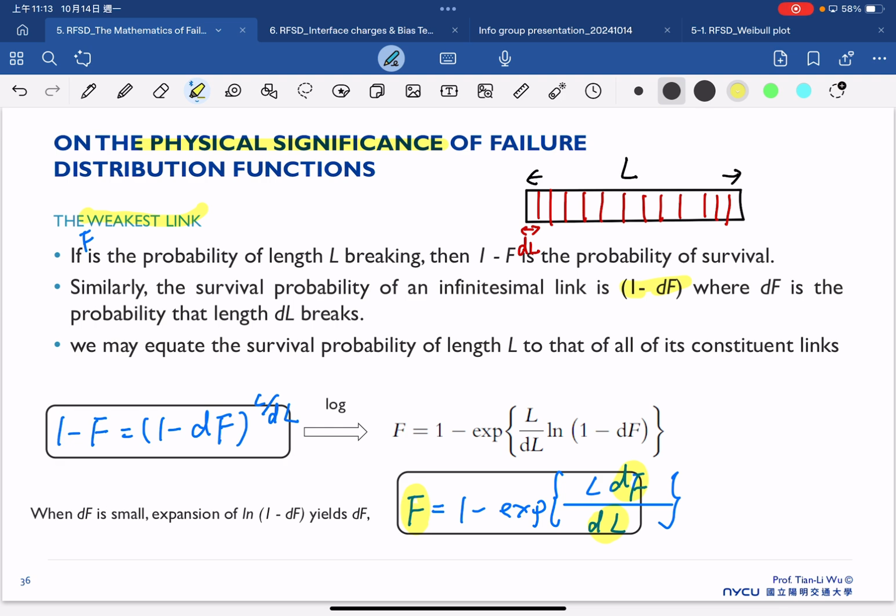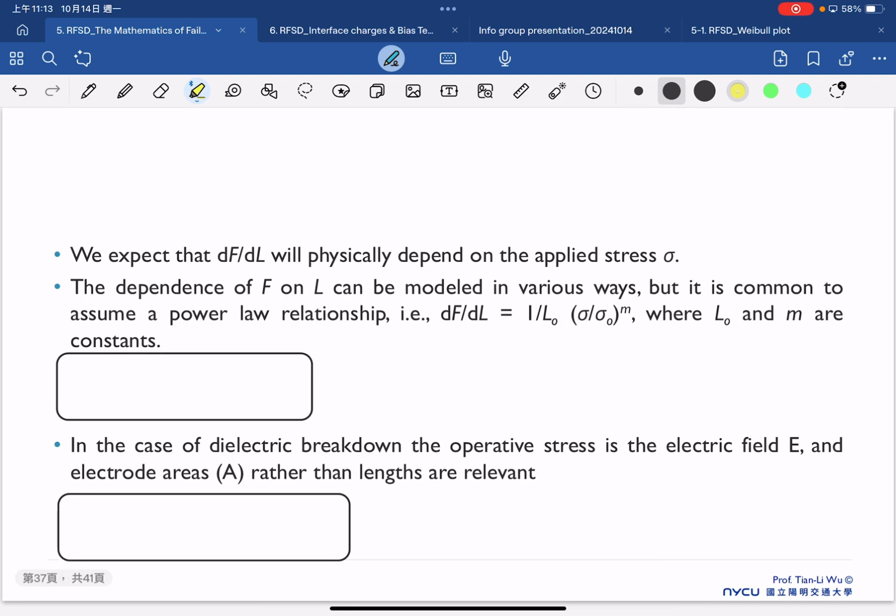So now we expect dF over dL will physically depend on our applied stress, sigma here.